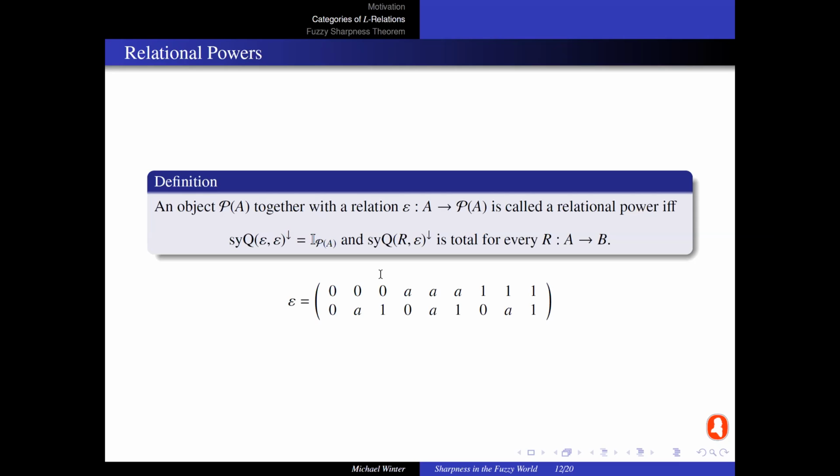And you can see this if you take those two columns and intersect every value in the column by a, you get exactly the same result. So those two sets are equivalent up to degree a. So in this matrix, sig epsilon epsilon, you would get an a outside of the diagonal, so it's not the identity.